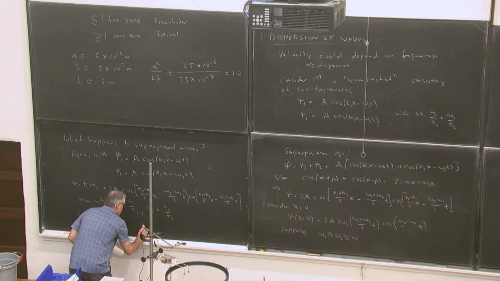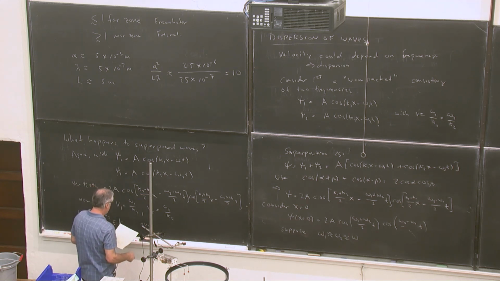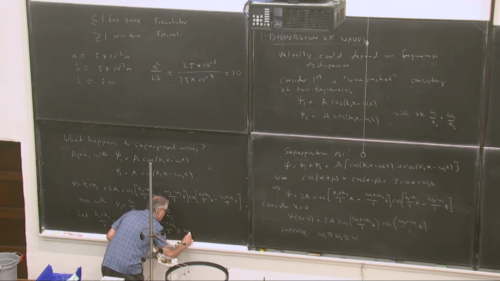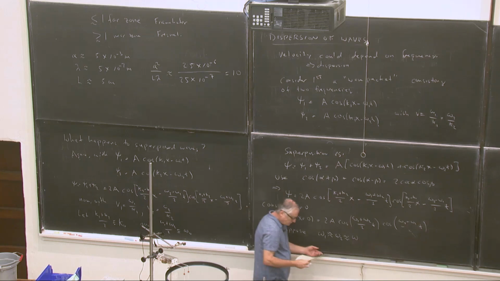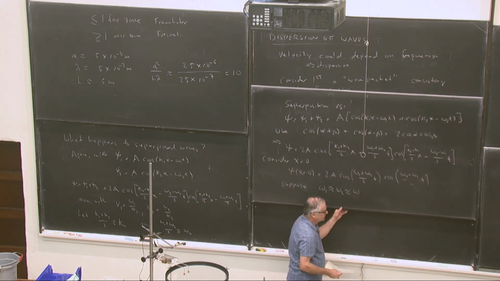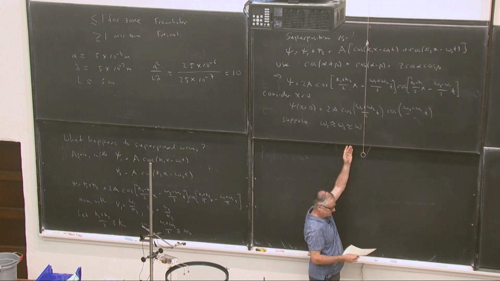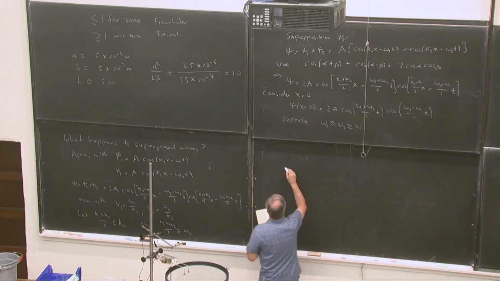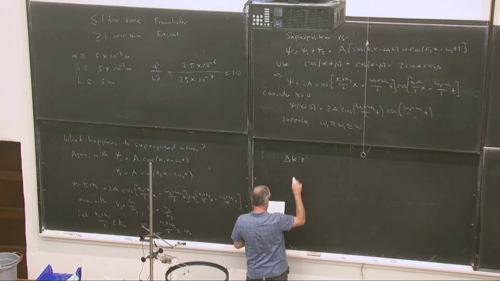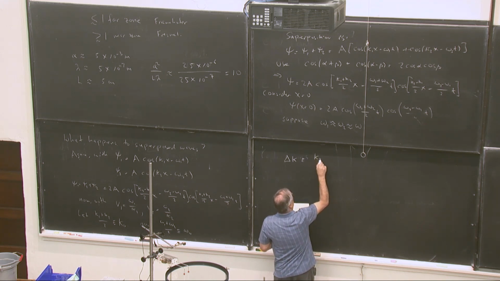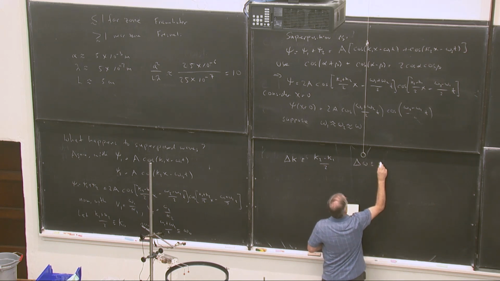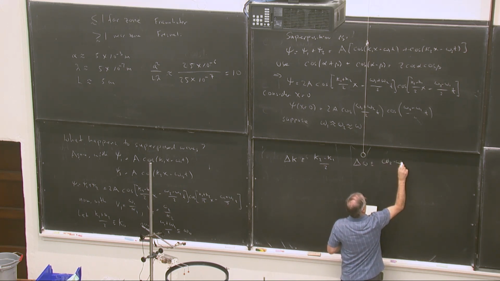So I'm going to define K0 and omega 0 as the average wave number and average frequency. And I'm going to call the differences something simpler. Delta K, I'm going to call K2 minus K1 over 2, and delta omega, I'm going to define as omega 2 minus omega 1 over 2.